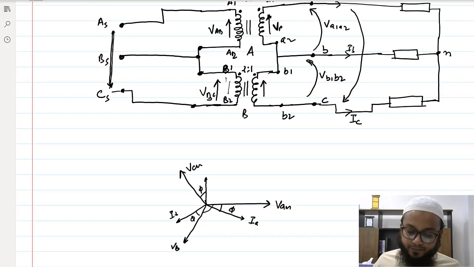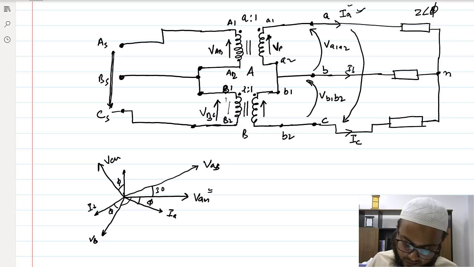So what is the power sent by this transformer A? So the power sent by this transformer A, let's say that is PA, that would be the voltage appearing across this transformer A and the conjugate of the current, that would be the complex power, you can say, right?